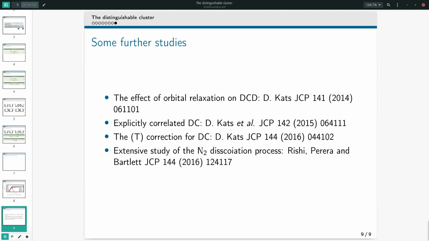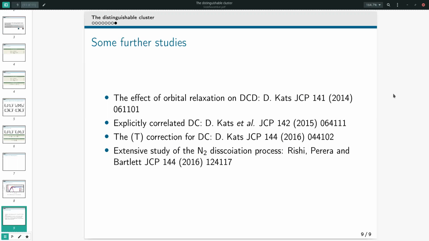dissociation of N2, and they showed that with a UHF reference, CCSD gives the same result as the distinguishable cluster, because with a UHF reference, you are able to break the symmetry and then localize the orbitals on each atom.